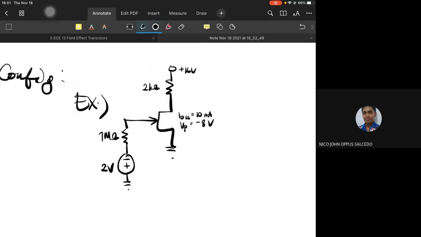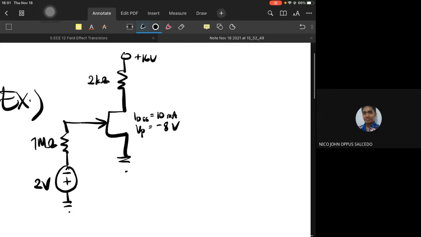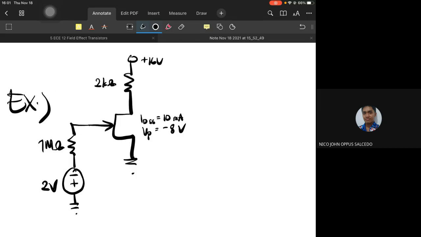VDD is 16 volts, RD is 2K, RG is 1 megaohm, VGG is negative 2 volts connected in this fashion, and IDSS and VP are given as 10 milliamperes and negative 8 volts respectively.